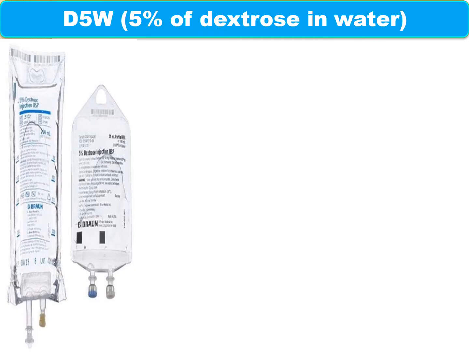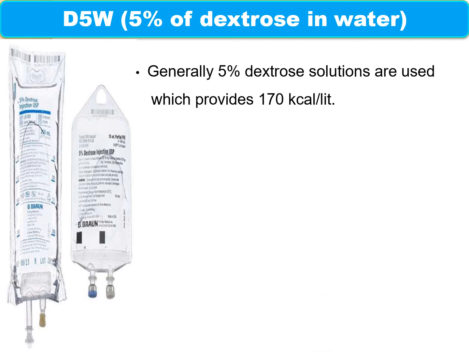Then the third crystalloid preparation is D5W. That is 5% dextrose in water. Generally, the 5% dextrose solution is used, which provides 170 kilocalories per liter.